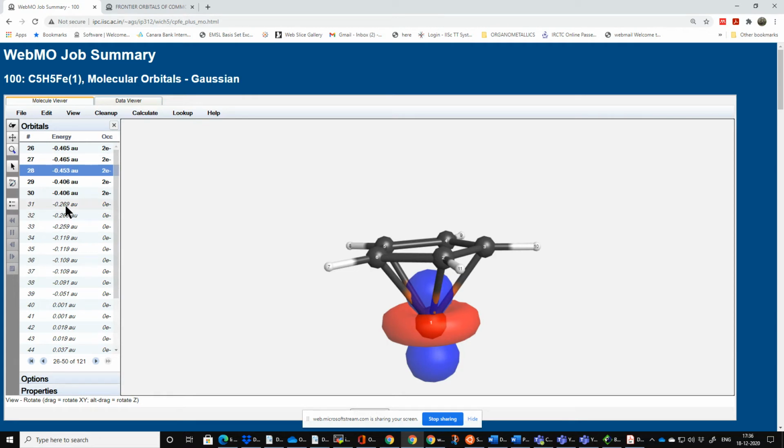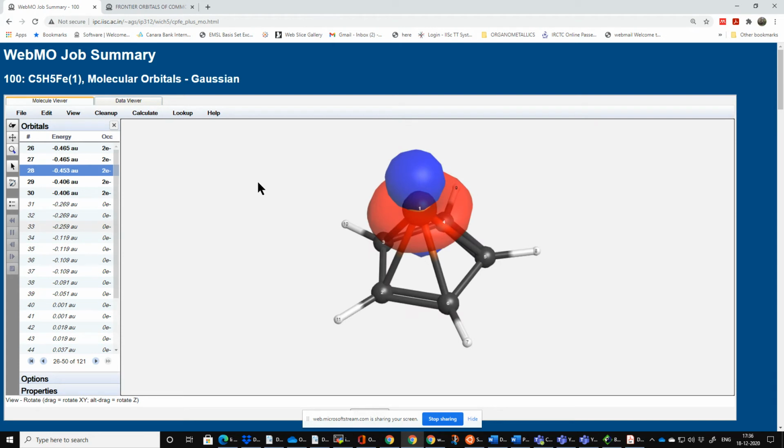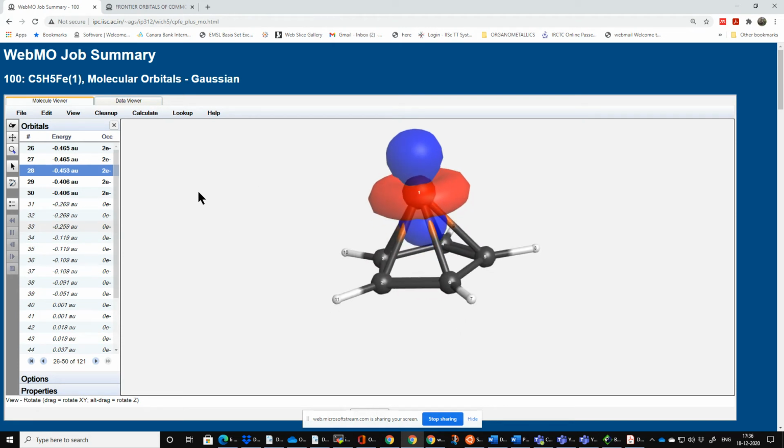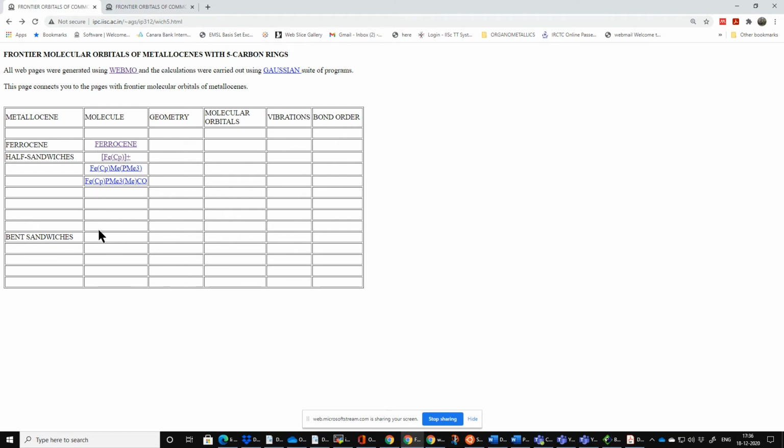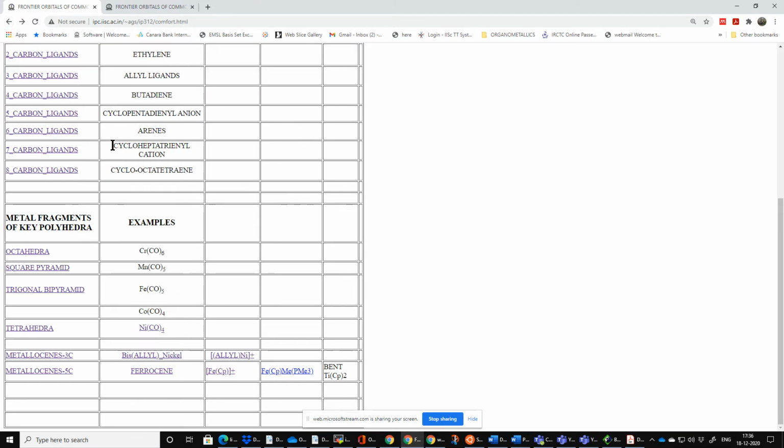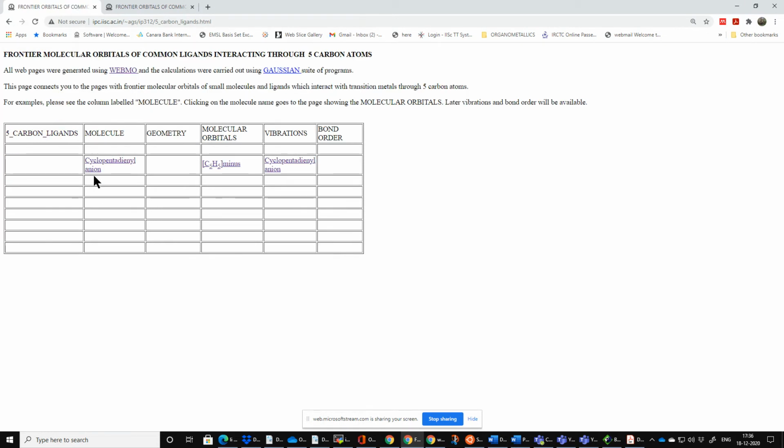Now we look at the Cp minus system. We can do that also by going back to the main page, and I can go to the 5 carbon ligand system, and then I get the cyclopentadienyl anion.